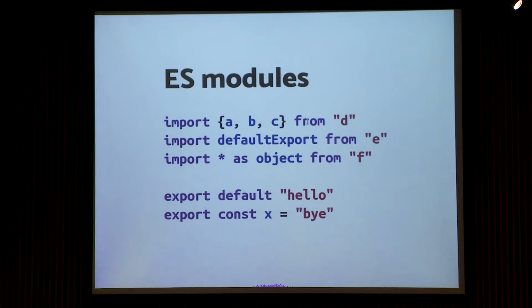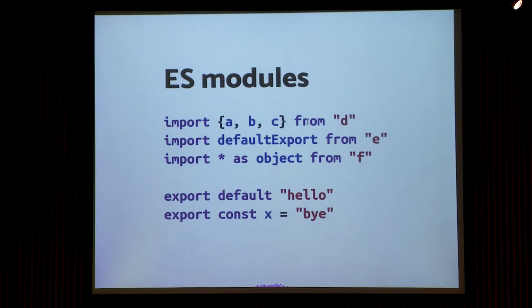rather than just the thing that happened to be in that slot when they loaded it. Of course, that also happens if you have an object and you keep reading from that object. But if you did a destructuring import with CommonJS, where you do const curly brace name, comma name equals require, that would just pick out these properties from the object once, and then you're stuck with them.